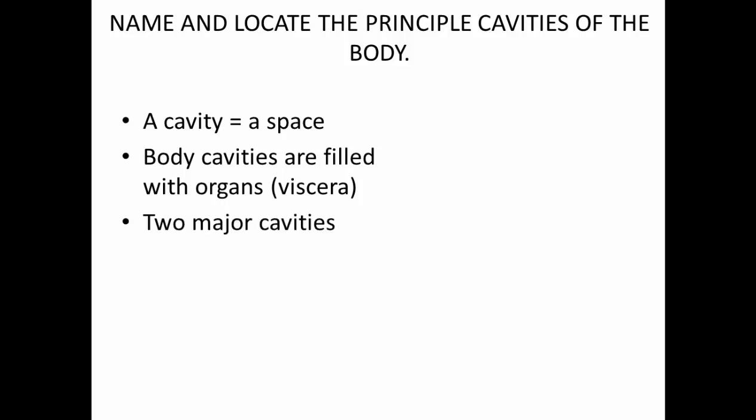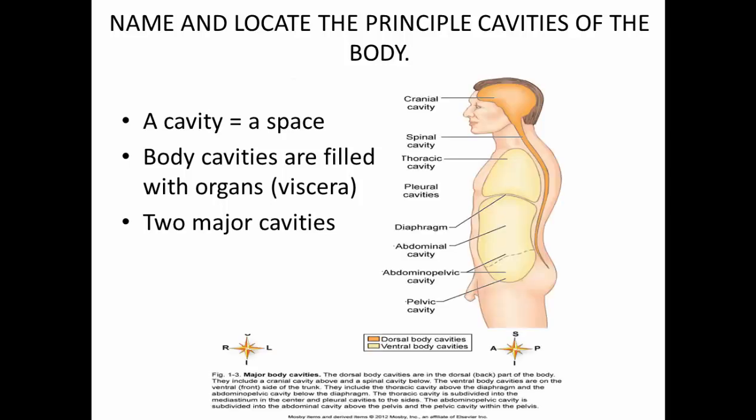And there are two major cavities in our body. The dorsal and the ventral. And so even though there are other cavities listed in the picture here, the dorsal cavity is shown in orange and the ventral cavity is shown in yellow. The dorsal cavity is at the posterior side of the body. And this is something we should point out here.